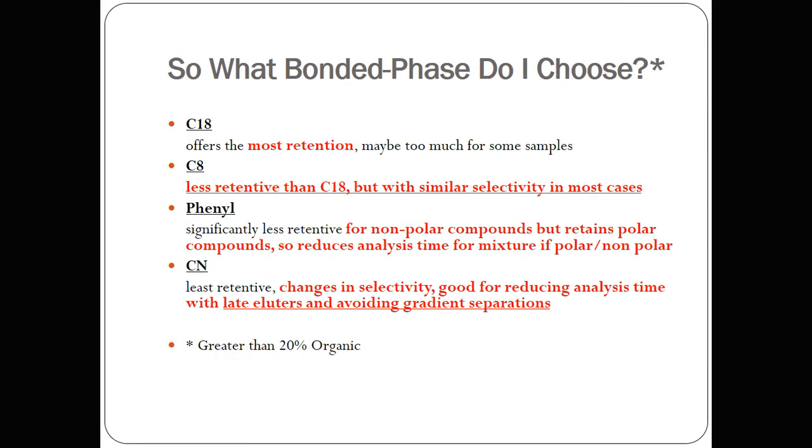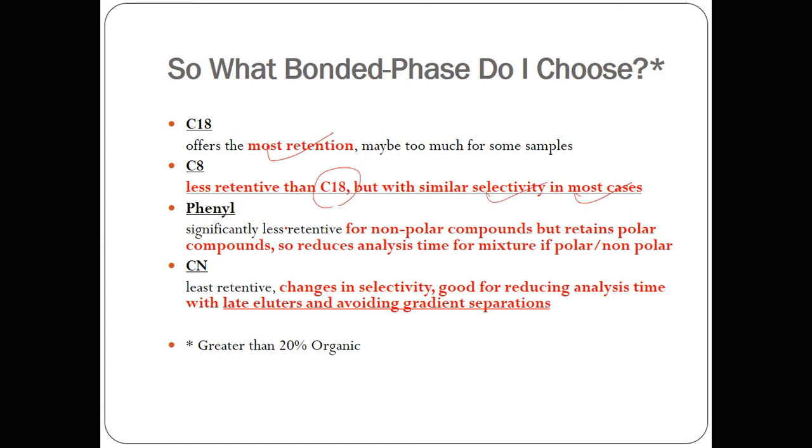So what bonded phase do I choose? For greater than 20% organic, C18 offers the most retention, maybe too much for some samples. If we are taking the phenyl column, it is less retentive than C18 but with similar selectivity in most cases.